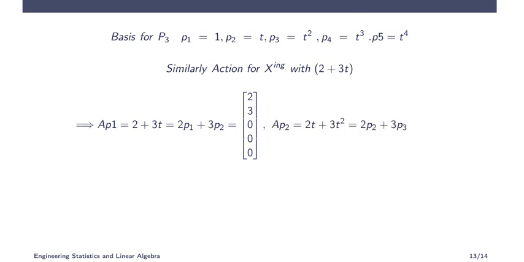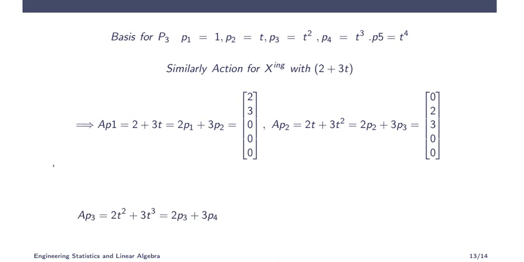Now AP2 is what? AP2 is 2 plus 3t into t, so 2t plus 3t square, so t is P2, so 2 P2, t square is P3, so 3 P3, so the coefficient of P2 is 2, the coefficient of P3 is 3, so I can write 0 2 3 0 0. The coefficient of P1 is 0, and all other except these two, everything is 0.